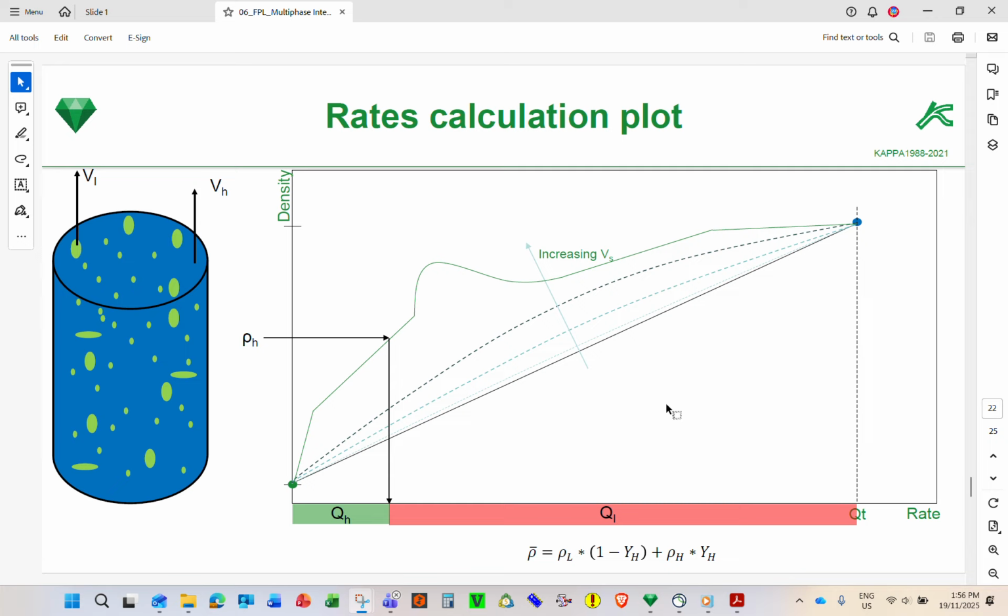Cannot be higher than 100%. Agree? So this is Q total.